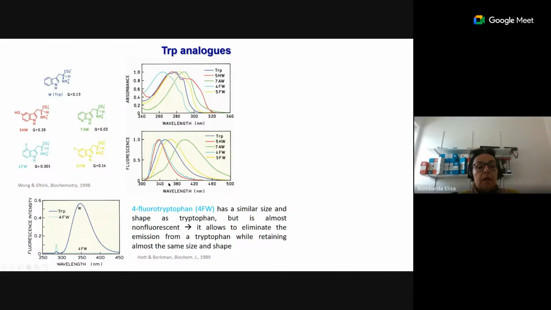Then, those are the quantum yields in water. Inside the protein they can change, as is the case of this tryptophan analog, which is actually non-fluorescent.